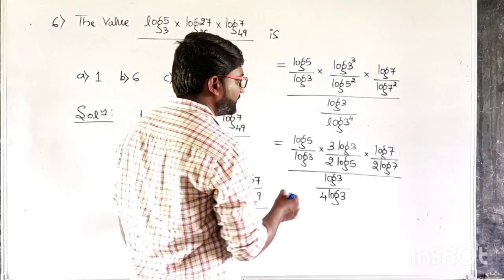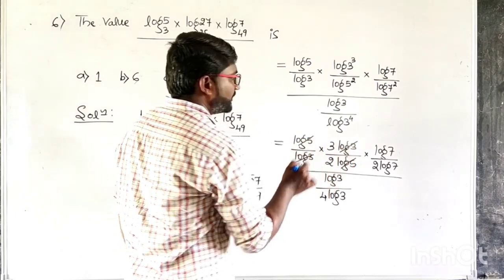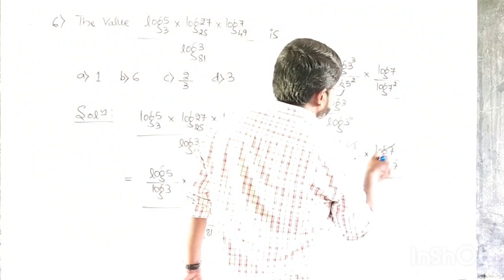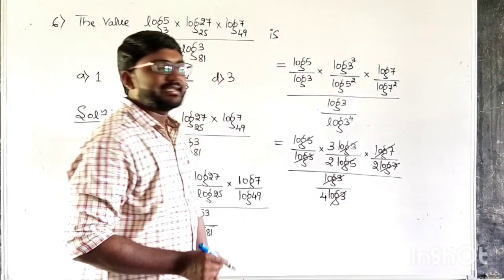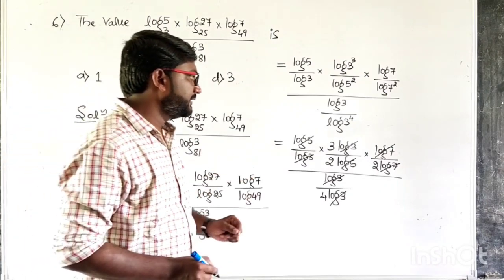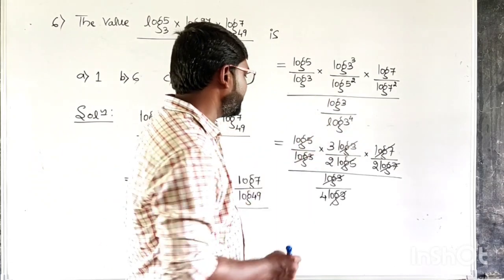So cancel out the terms now. Log 5 and log 5, log 3 and log 3 get cancelled. And here log 7 and log 7 get cancelled. And then log 3 gets cancelled. Now for the remaining terms, 3 divided by 2 into 2, it is 4, so 3 by 4.